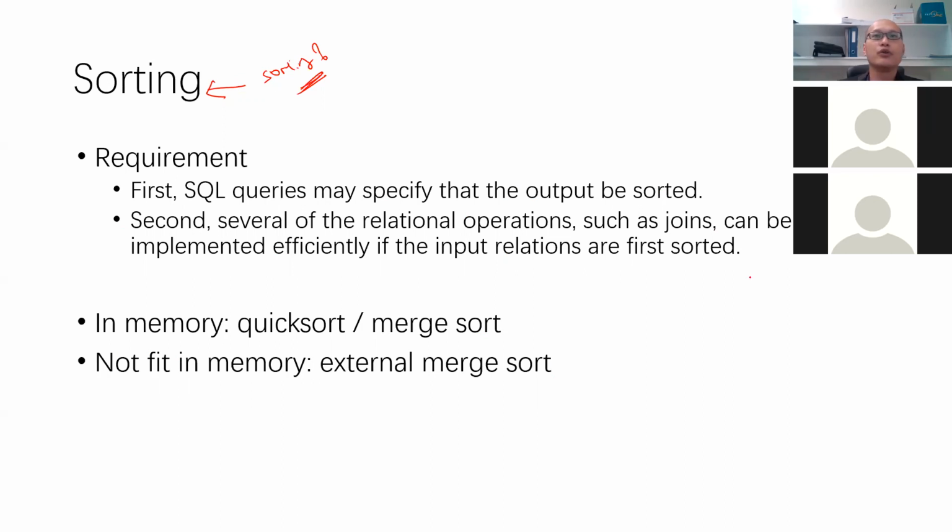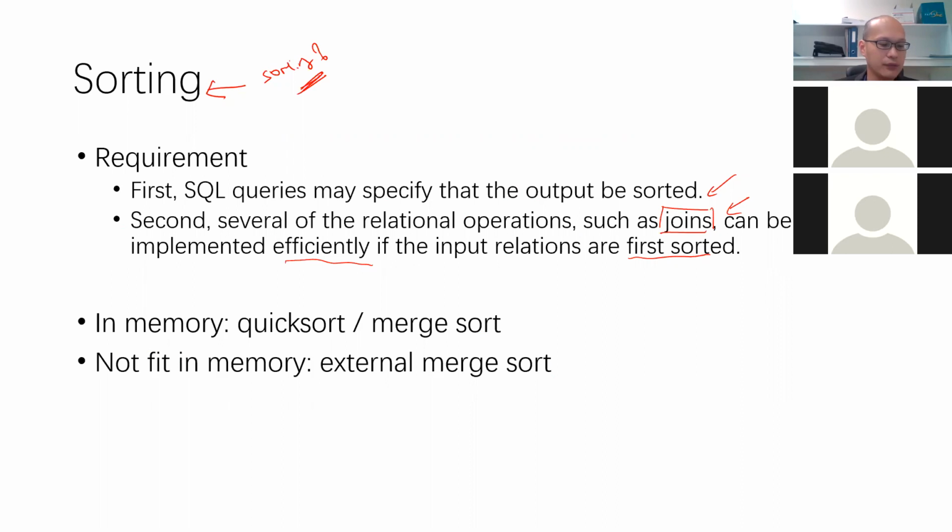Firstly, sometimes you want the output to be sorted. But there's one very good reason: joins can be implemented very efficiently if we sort first.